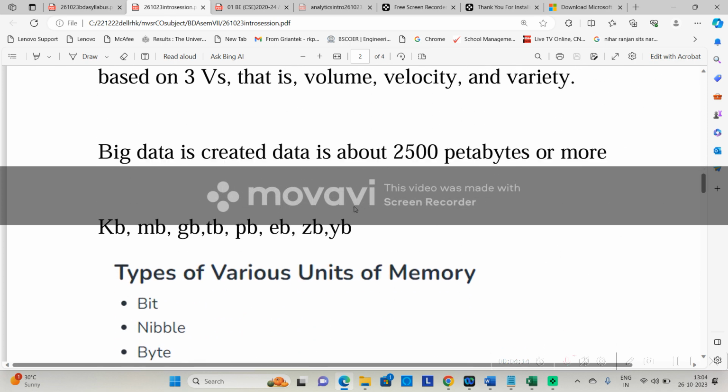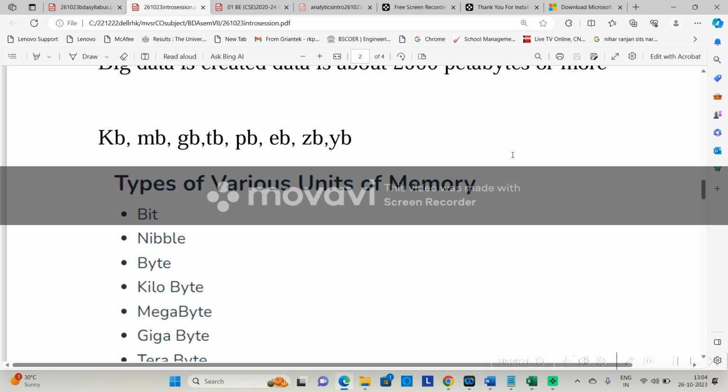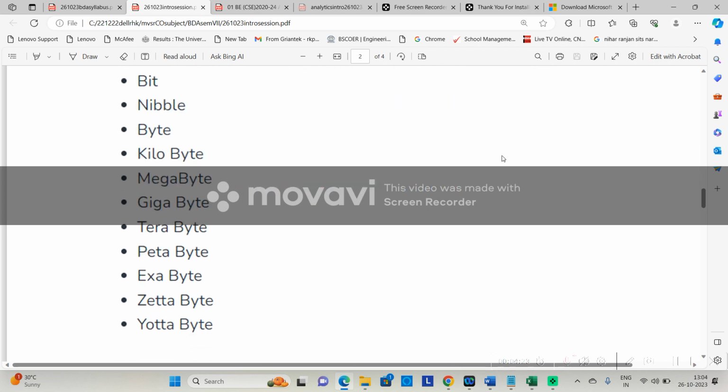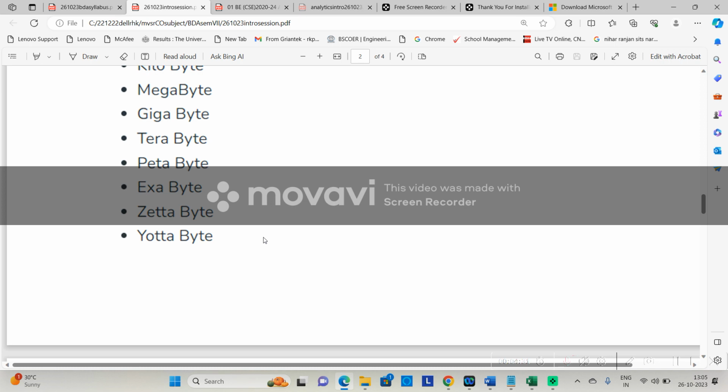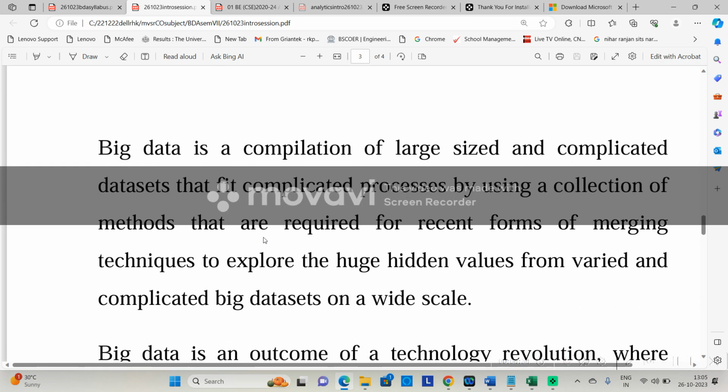When I say big data, I am speaking about anything beyond 2500 petabytes or more. When I am saying petabytes, I am speaking about units of memory, starting with bit, nibble, byte, kilobyte, megabyte, gigabyte, terabyte, petabyte, exabyte, zettabyte, yottabyte.